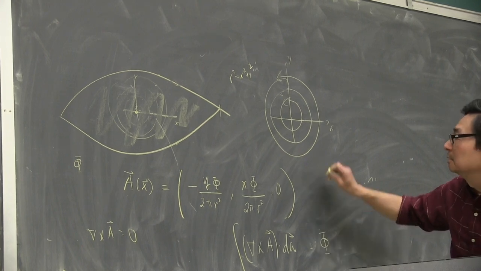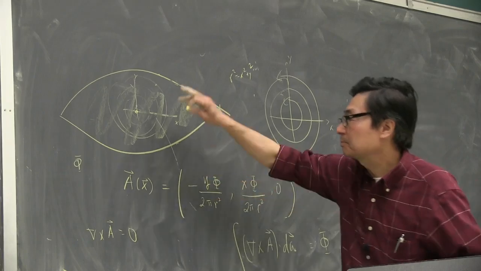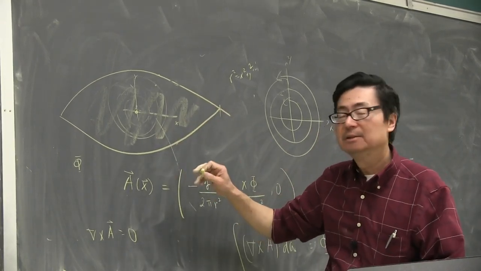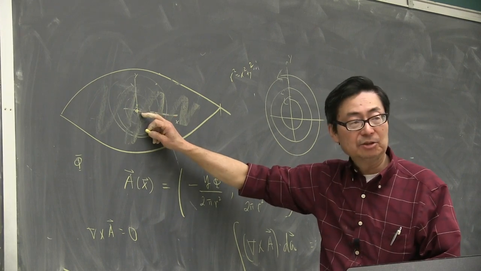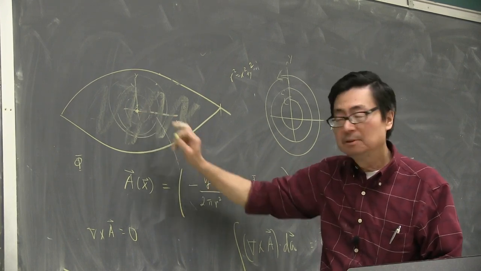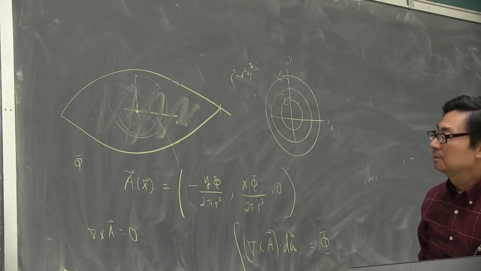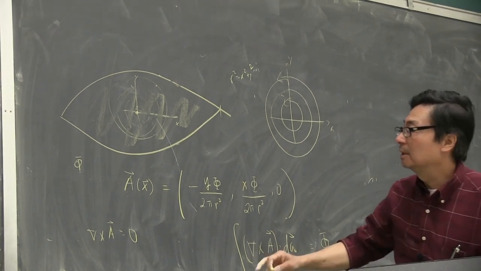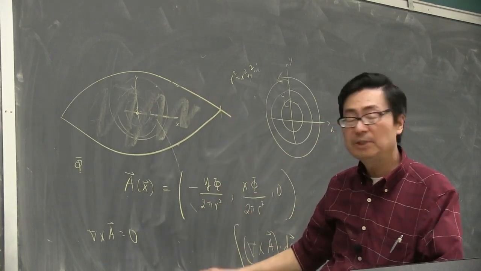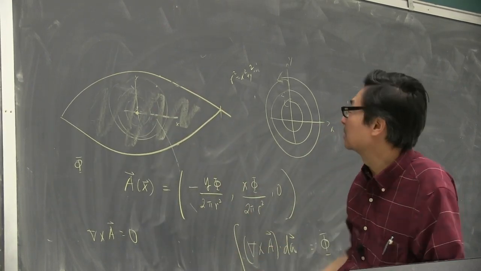And now, for any loop of any shape which doesn't cross the origin, as long as it encloses the origin, the loop integral of A dot dl is equal to phi. It doesn't depend on the shape.